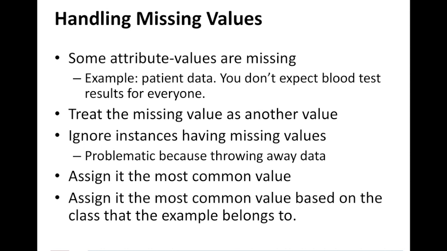So in one class, high dominates, and in the other class, normal dominates. Based on which class the data instance with the missing value is in, you can assign it the most common value for that class.